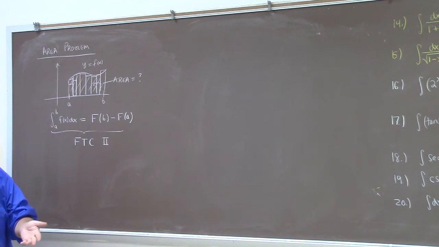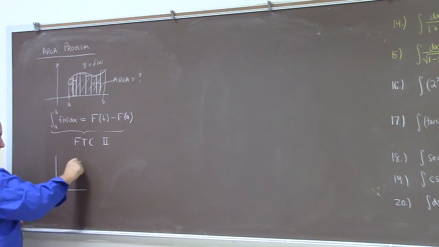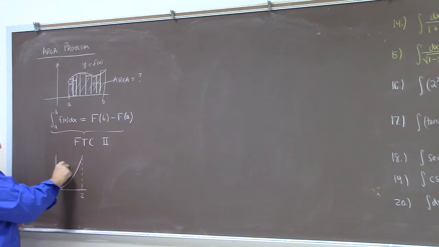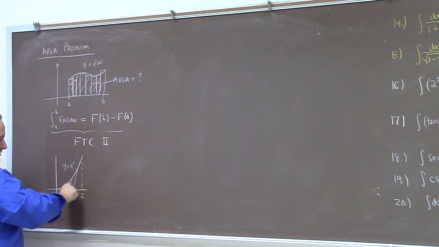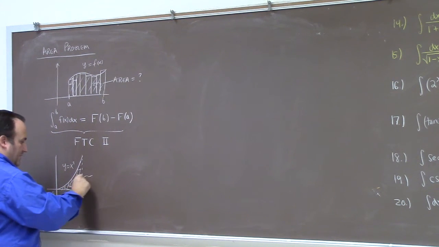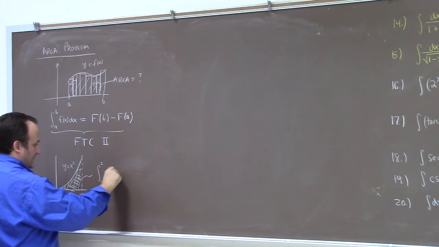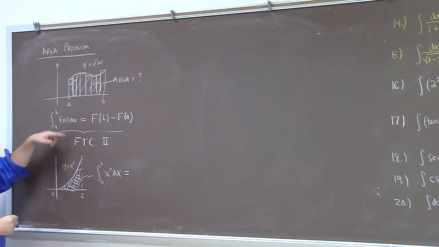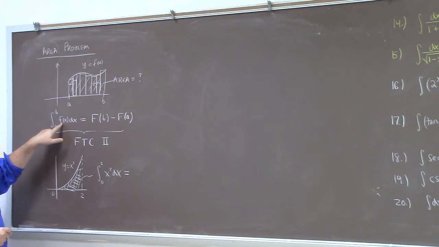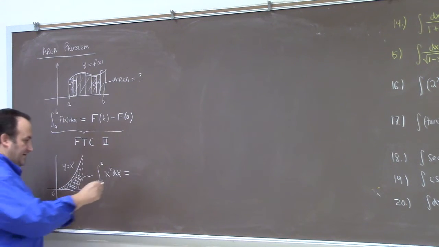Just to give you a preview of this, suppose you want to find the area under x squared, right, from 0 to 2. So here's y equals x squared, right? The fundamental theorem of calculus says you can get this area by calculating the integral from 0 to 2 of x squared dx. So this is that same notation we were using. This is an antiderivative for that. What's the antiderivative of x squared? We've already learned it's 1/3 x cubed, right?